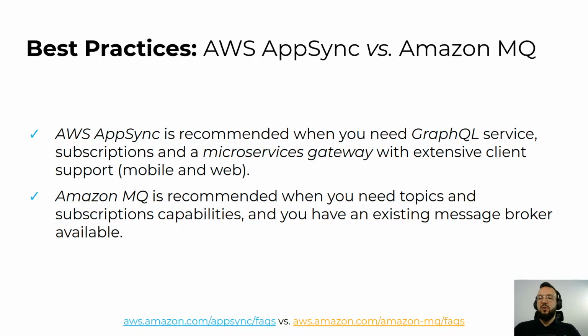The difference between AWS AppSync and Amazon MQ is also pretty obvious. Amazon MQ is recommended when you need topics and subscription capabilities, and you have an existing message broker available and you would like to leverage that in a hybrid cloud manner. On the other hand, if you would like to use GraphQL again, and you would like to have the ability to support multiple extensive client sets, then GraphQL is the way to go.